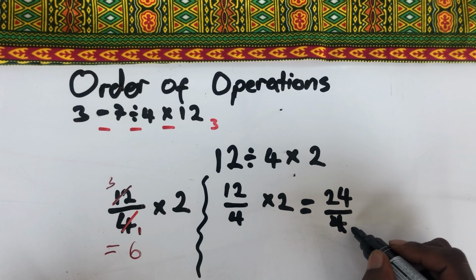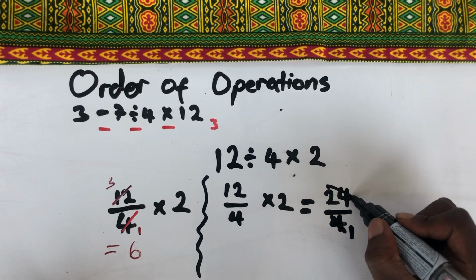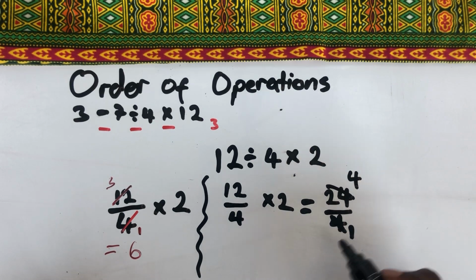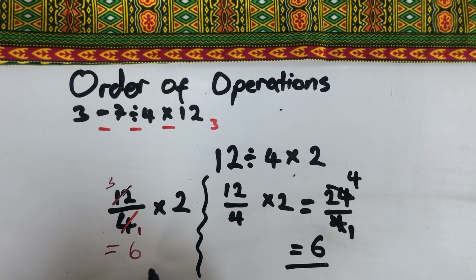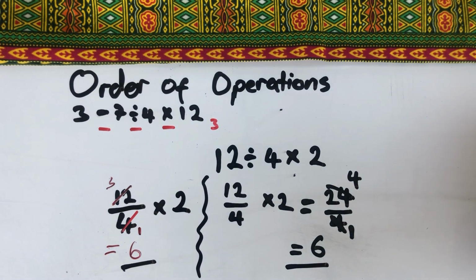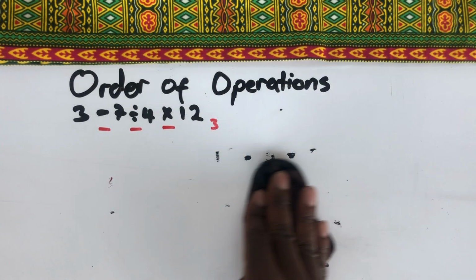Divide that by 4, and that gives me 6. So can you see? We have the same answer. So these two can reverse each other, just as addition and subtraction can also reverse each other.